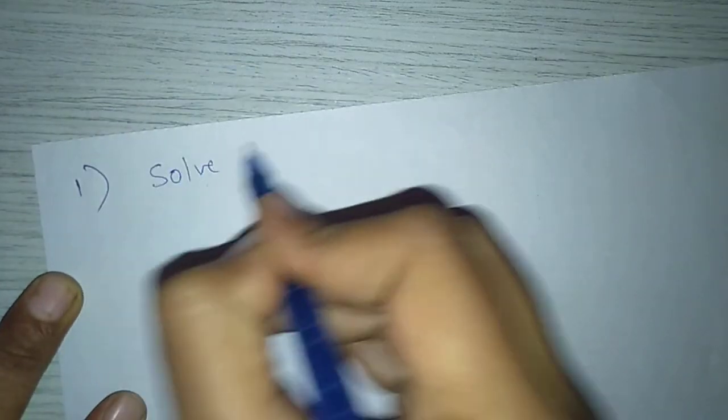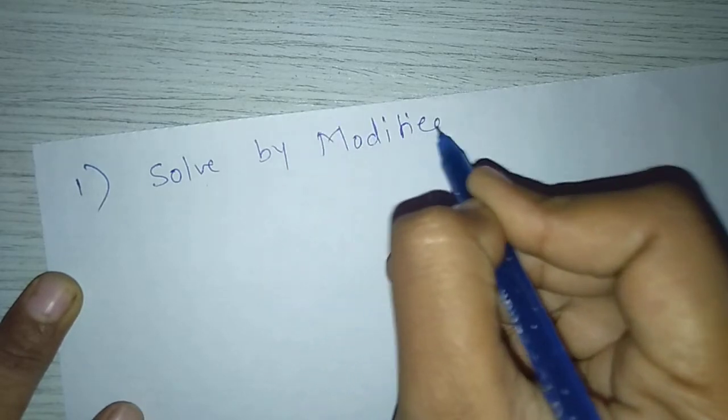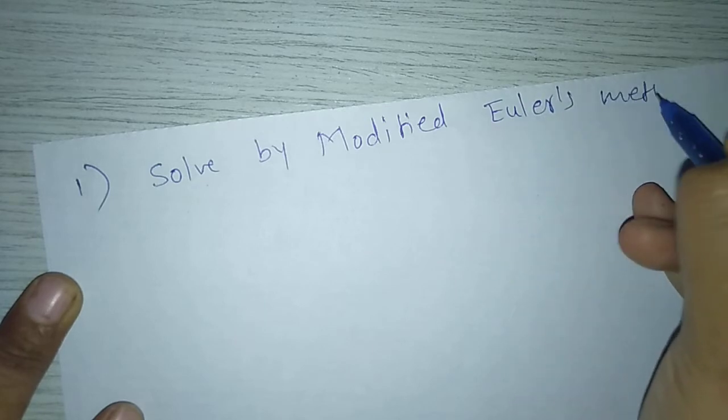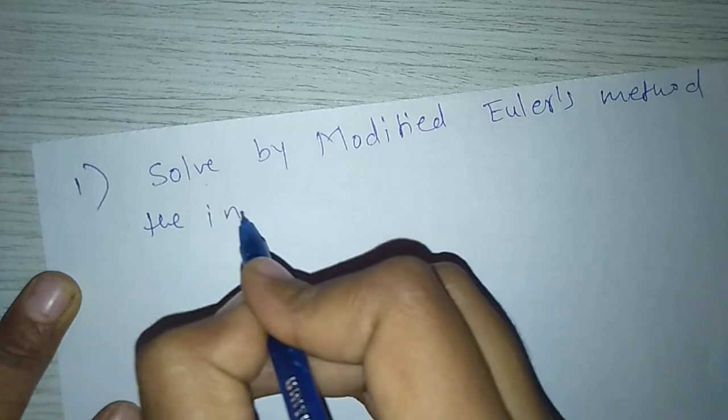First example: solve by the modified Euler's method the initial value problem.